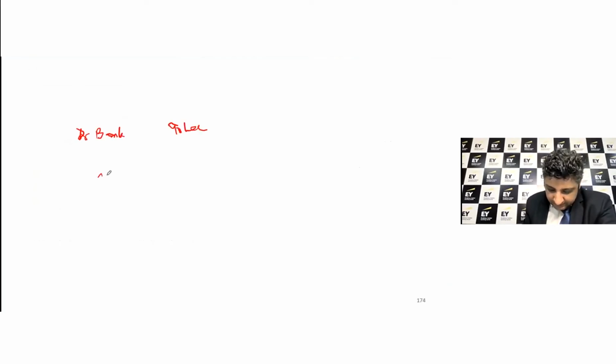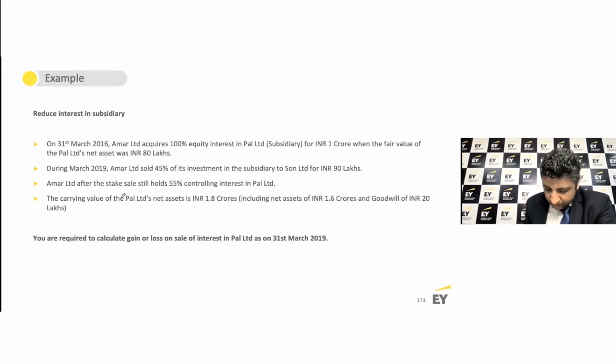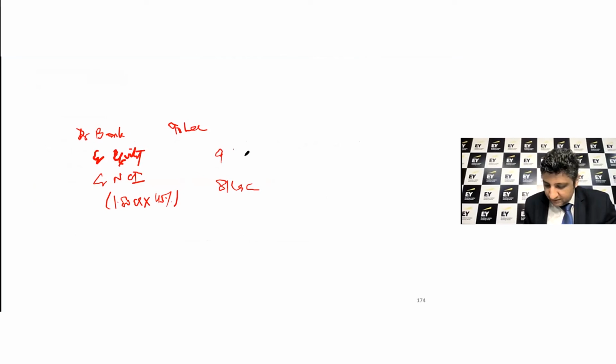There is an NCI which originates, which is on 1.8 crores into 45%. Now that amounts to, if I were to do this calculation, 81 lakh. That simply means you are making a gain that needs to be reported through equity to the extent of the difference of 9 lakh rupees there.